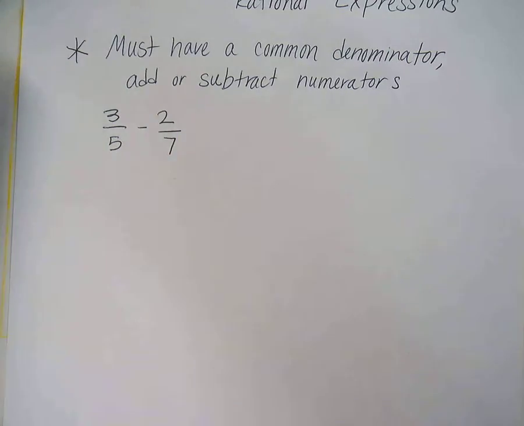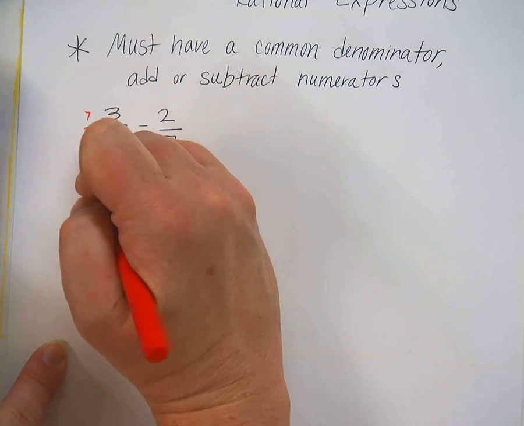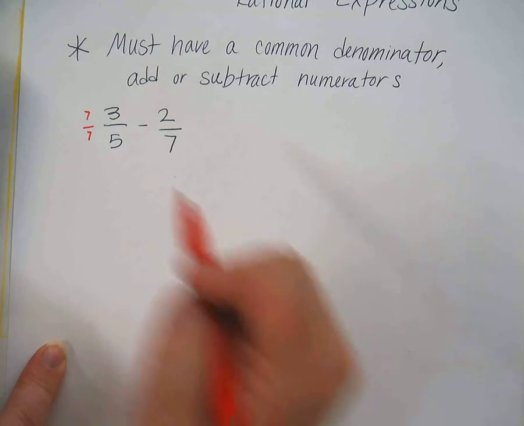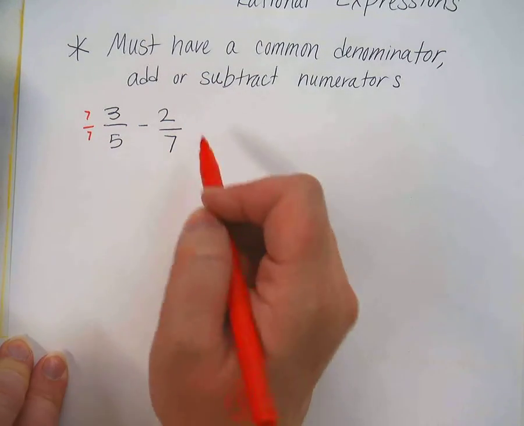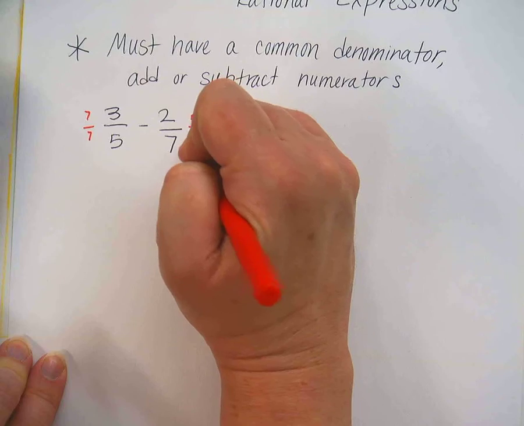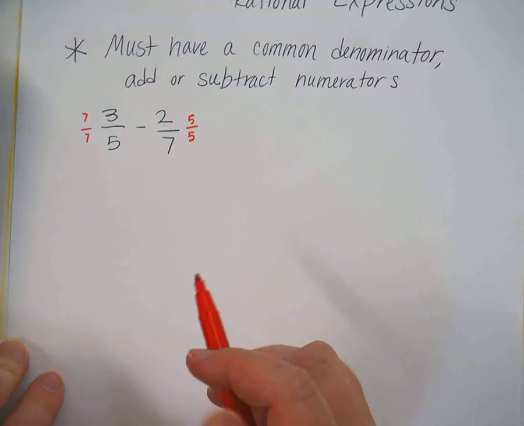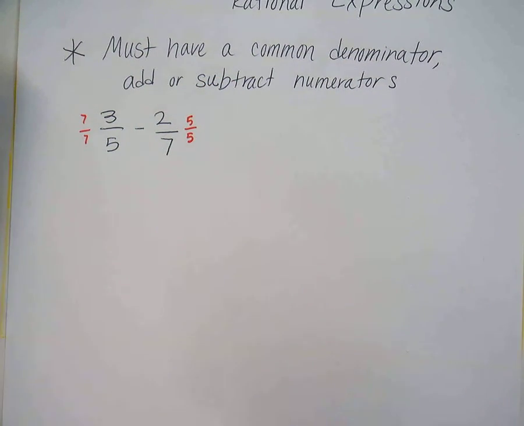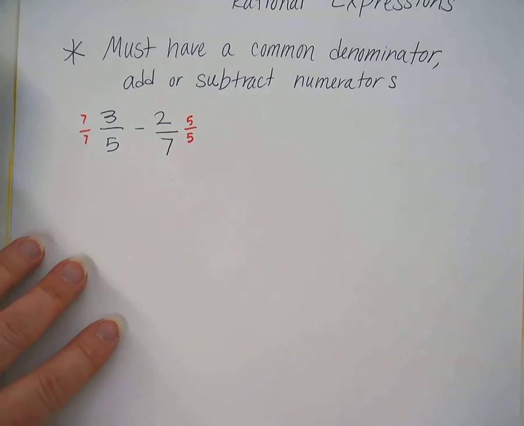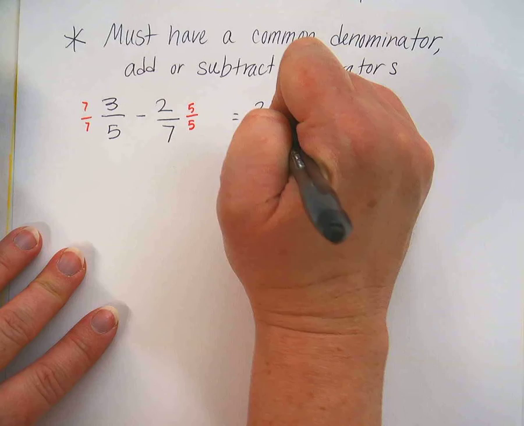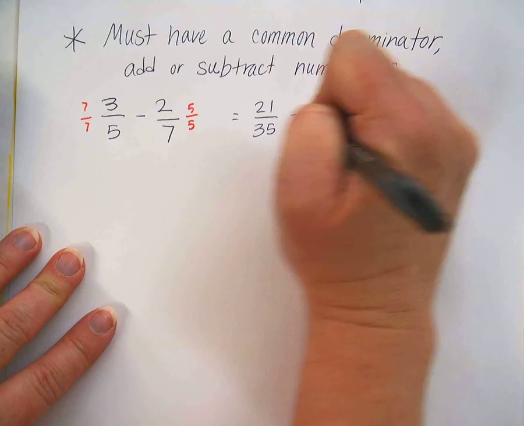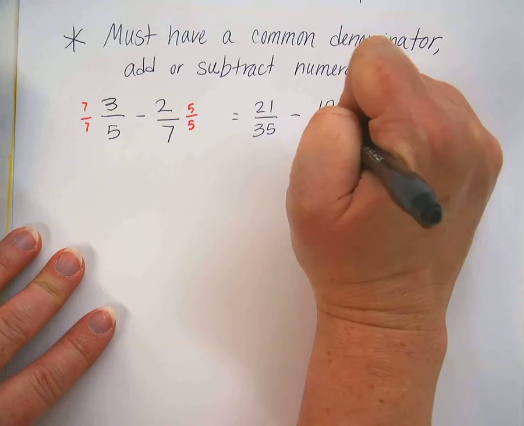So we can multiply by 7/7 on that one, because we're basically just multiplying by 1, and 1 doesn't change anything. And then on this one we can multiply by 5/5, again multiplying by 1, which doesn't change any values of the fractions. Okay, so then we have 21/35 minus 10/35.